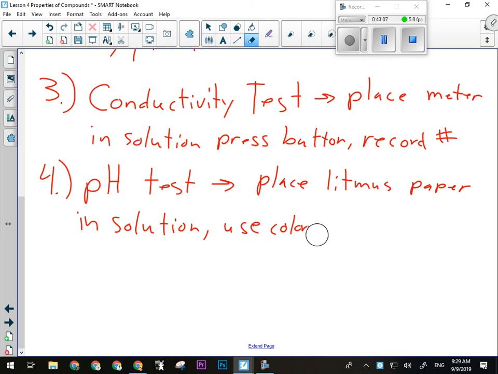Then use the color chart to determine the pH.